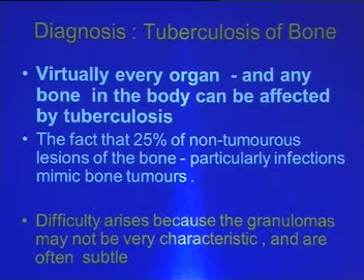And we do see tuberculosis affecting every organ and any bone in the body, and at any age. And the fact that 25% of non-tumorous lesions of bone, particularly infections, mimic bone tumors is something which we need to keep in mind all the time. Now, in the bone, my personal experience is difficulty arises because the granulomas very often are not very characteristic and they are very subtle.